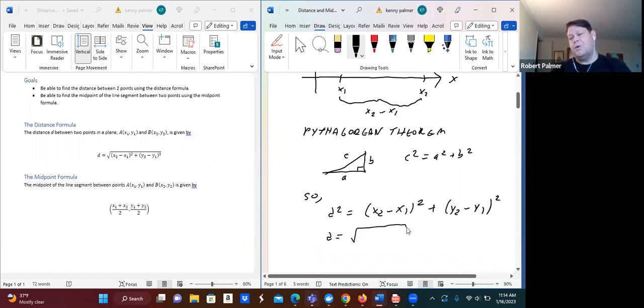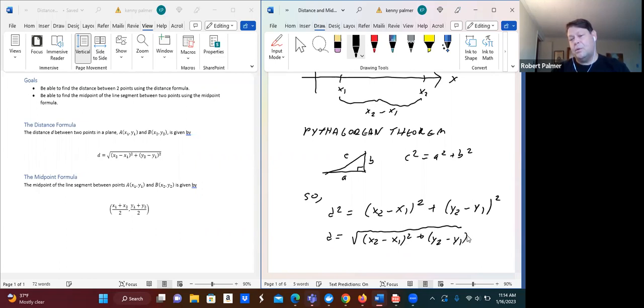Now, in general, taking the square root of both sides, you'd also have to consider a negative value. But since distance is always positive, we're just going to look at the positive value. And so it's just the square root of x2 minus x1 quantity squared plus y2 minus y1 quantity squared, which is our distance formula.